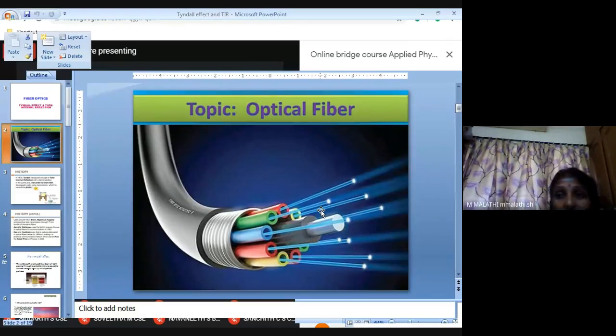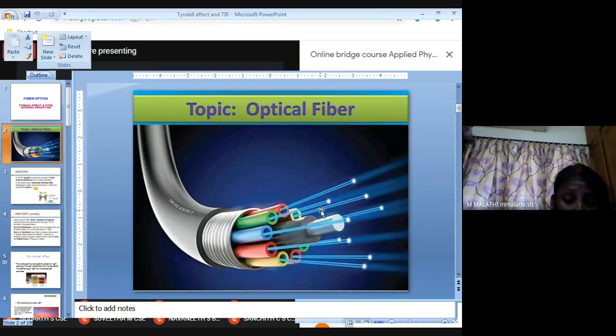The thickness of a human hair is 10 micrometer. If the thickness of human hair is 10 micrometer, then this glass needle thickness is around 50 micrometer to a maximum of 200 micrometer. So 50 micrometer means 5 hair thickness.